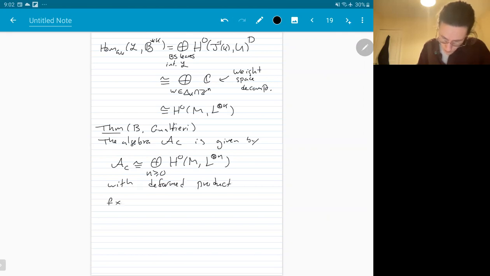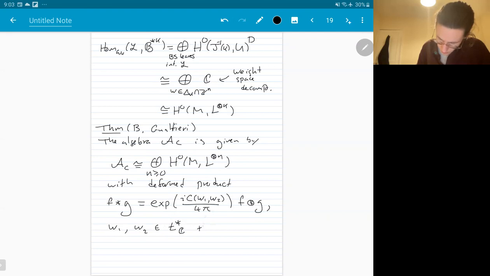So F times G is going to be equal to exponential of i C of W1, W2 over 4 pi times F tensor G, where W1 and W2 are elements in the dual space of the torus.